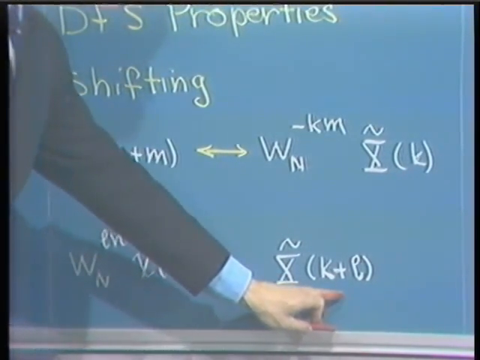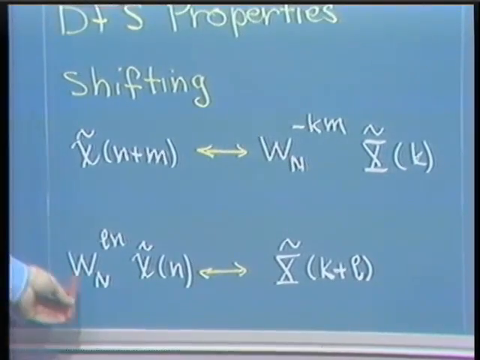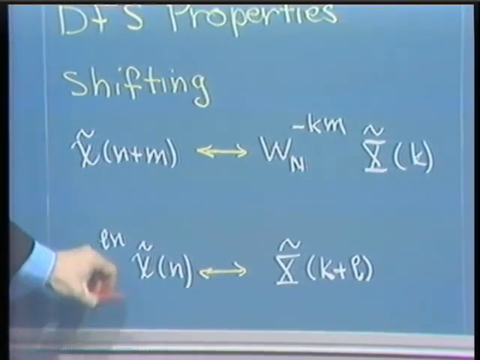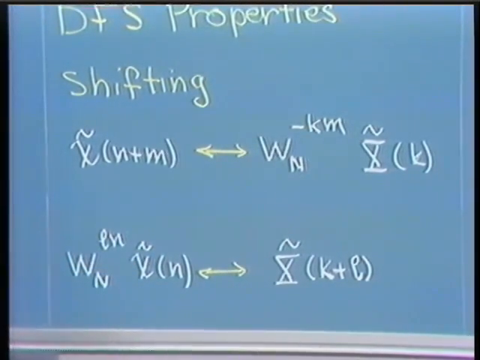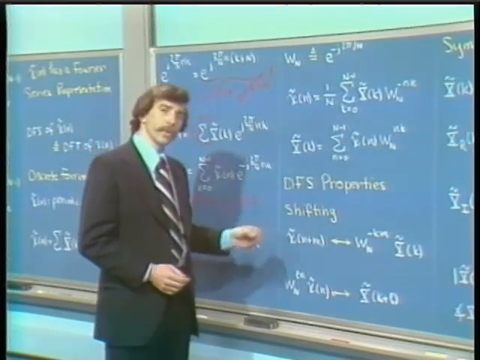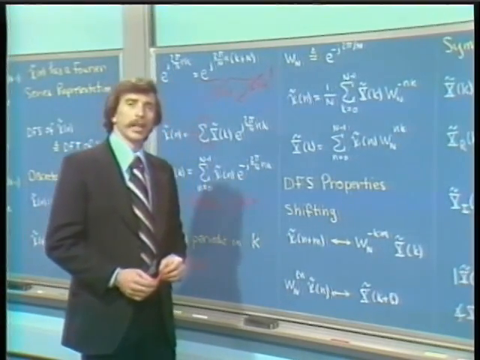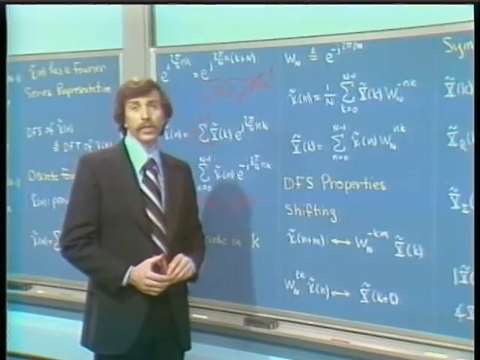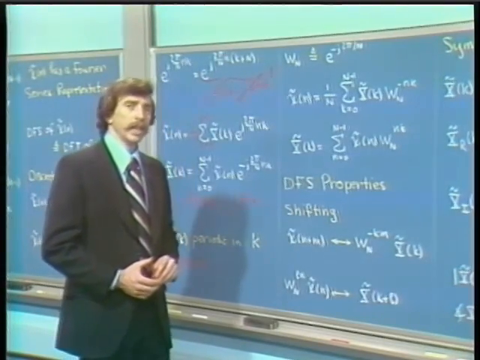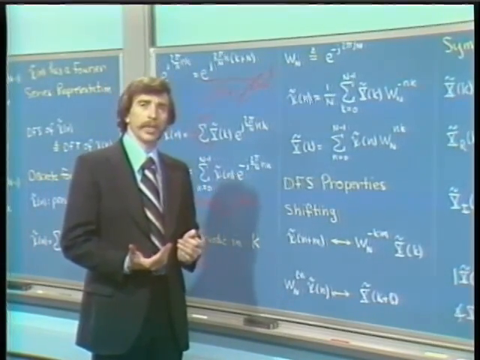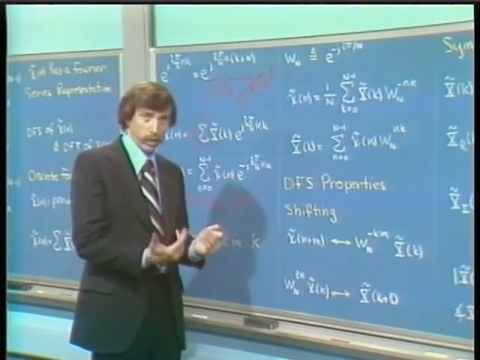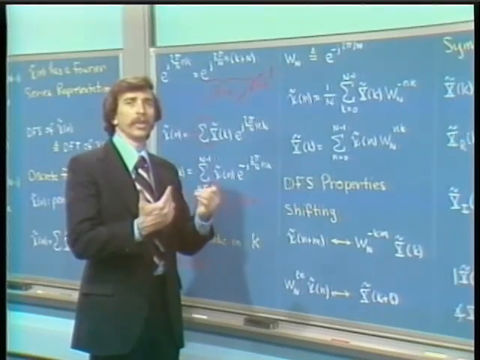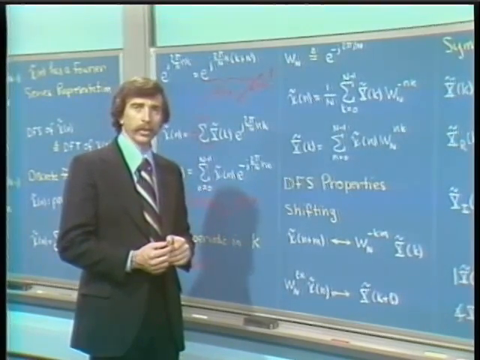If we shift the Fourier series coefficients, the result is multiplication by a complex exponential of the original sequence, little x tilde of n. In fact, one of the things that's true with the discrete Fourier series that hasn't been true with the Fourier transform or the Z transform is there's a strong duality between the discrete time domain and the Fourier or frequency domain.